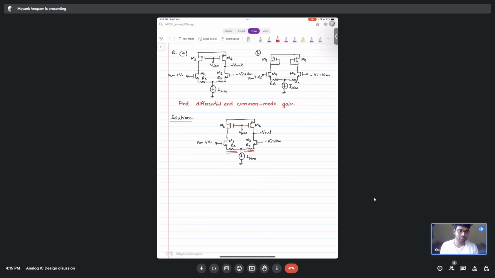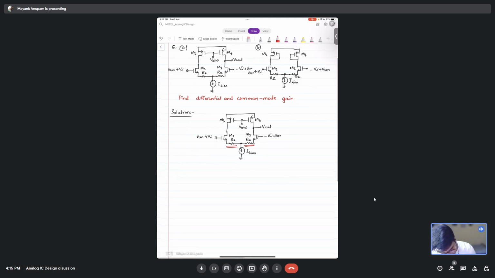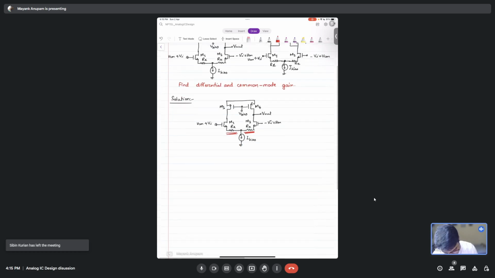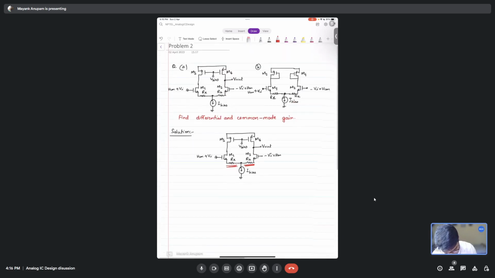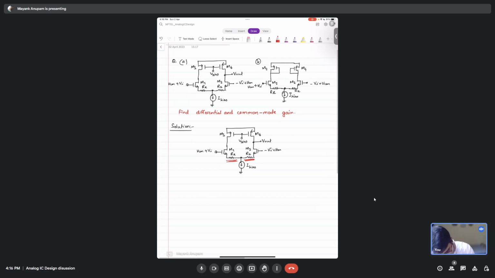So due to these resistors something changed, right? Now tell me how you will calculate the differential mode gain. Differential gain is between these two terminals. This is V bias.